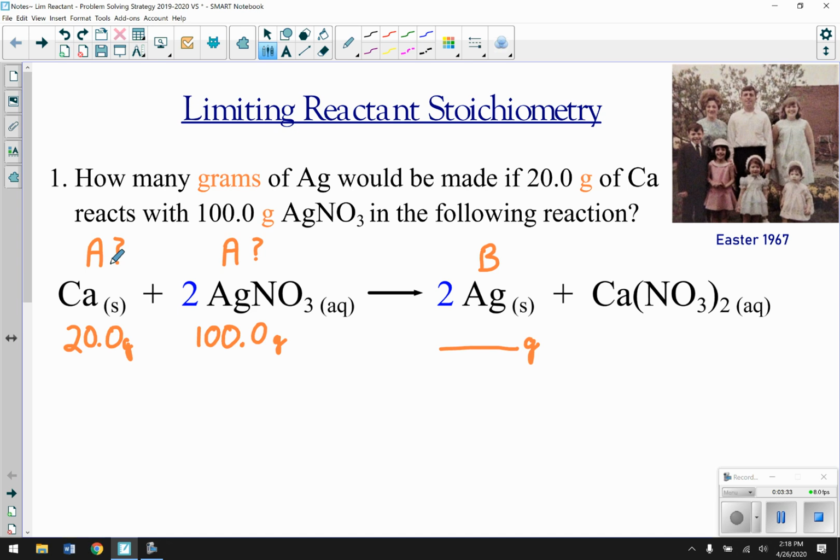You're going to use the limiting reactant to calculate the amount of product because, of course, like in the burger recipe thing, the limiting reactant is what determines the amount of product. So what that means is we first have to figure out which one of these 2 values would be limiting, and once we do, then we'll use that as our A to calculate substance B, the amount of silver.